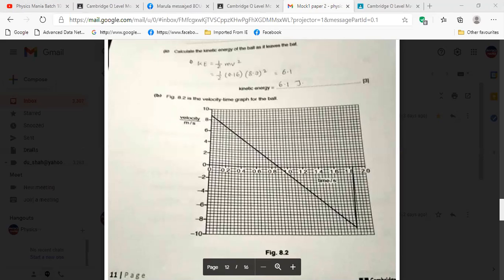0.84 or 0.88? Scaling, get it correctly. 1, 2, 1 divided by 2, 0.1. Yes, sir, 0.88 it will be. So got it?